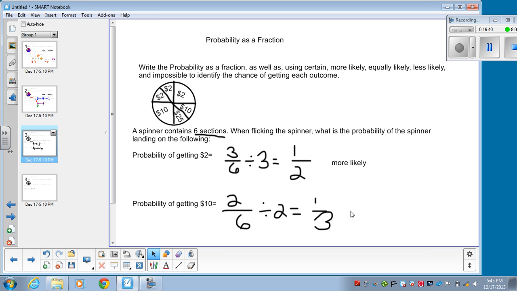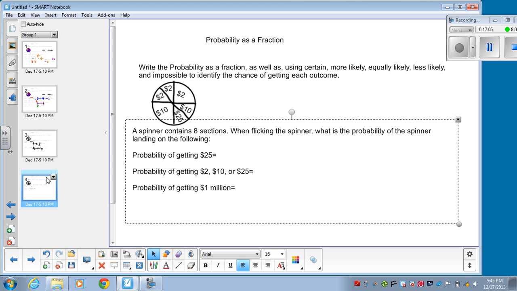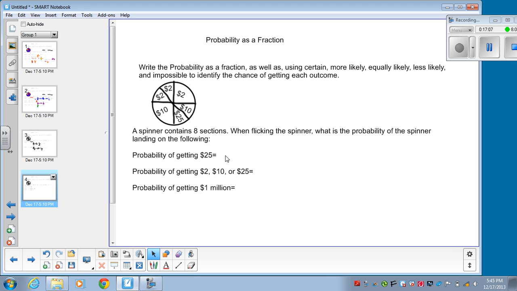So if you're going to write certain, also write more likely, less likely as well, so you can get credit for both. So this one, yes, it's certain because it's an outcome, but it's less likely because there's less chances of getting $10 than $2. So let's go on to the next one.